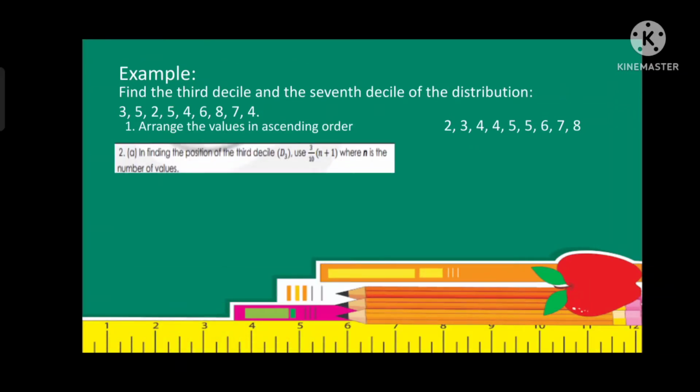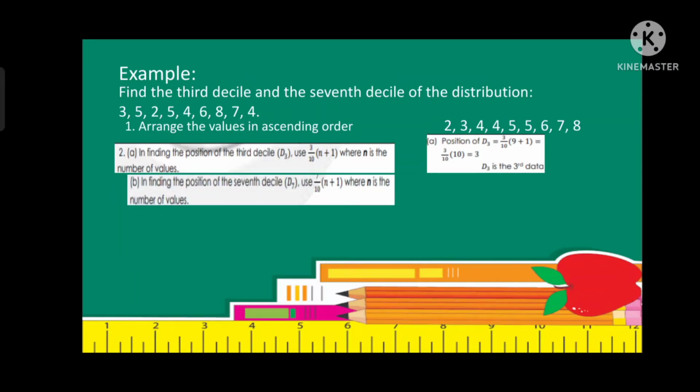In finding the position of the 3rd decile, use 3 over 10 times the quantity n plus 1, where n is the number of values. So the position of D3 is equal to 3 over 10 times the quantity 9 plus 1, and the value we have is 3. So D3 is the 3rd data. What is the 3rd data?